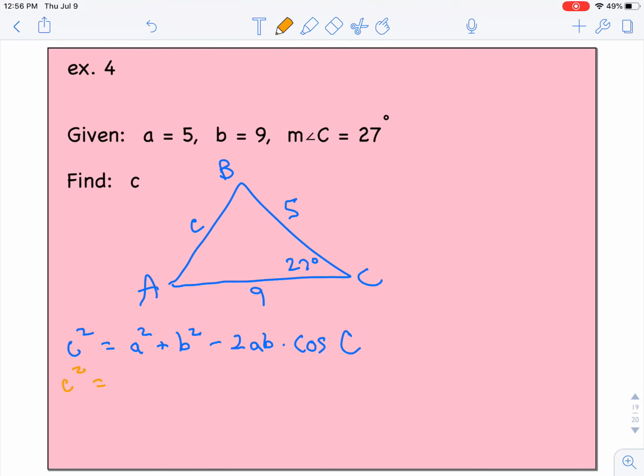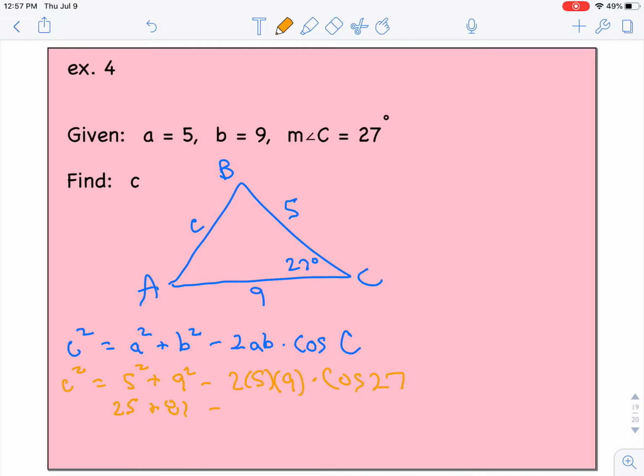So here's where I plug everything in. We don't know c squared. We do know a is 5, so 5 squared plus 9 squared minus 2 times 5 times 9 times the cosine of 27. So what really can happen now is you could enter all of that in one step because you have no unknowns over here. I'll go ahead and solve it in pieces here.